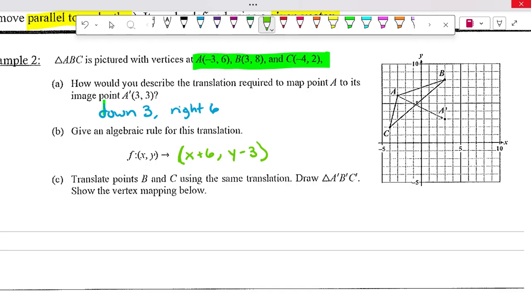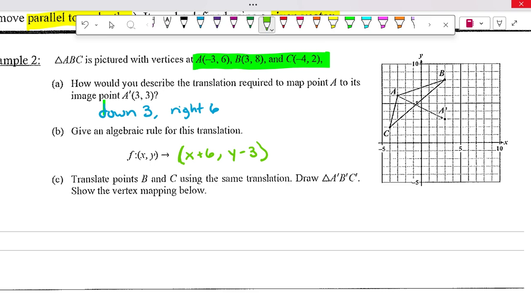Because it's going to the right on the x-axis. Right. And what's true about x's? They're horizontal, which means left, right. Horizontal, you can only go in two directions, to the left or to the right. Y is up, down. So that's why the down, or the minus 3, goes with the y.